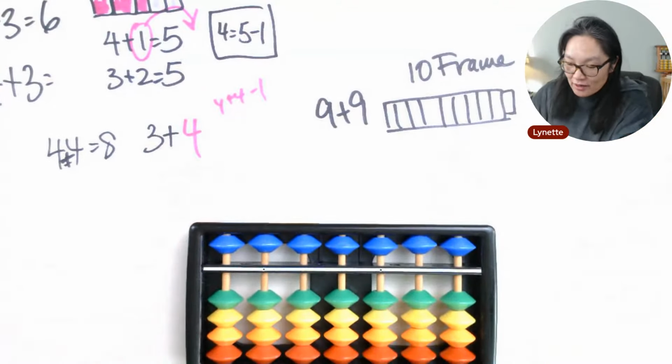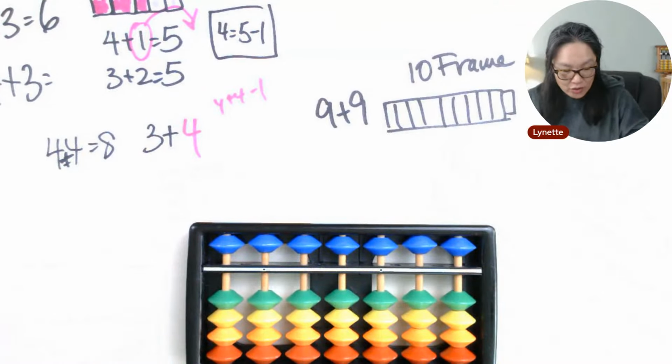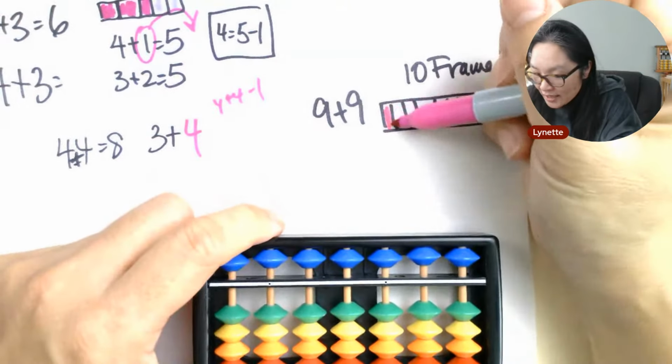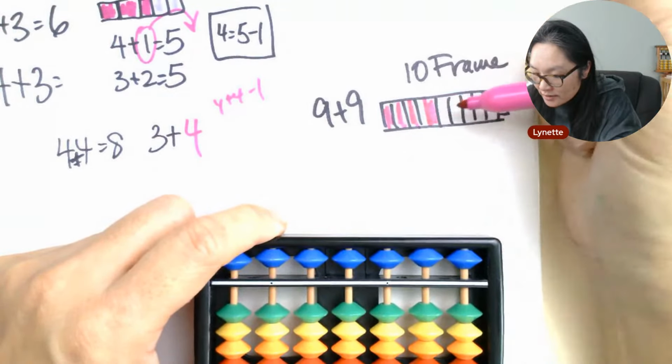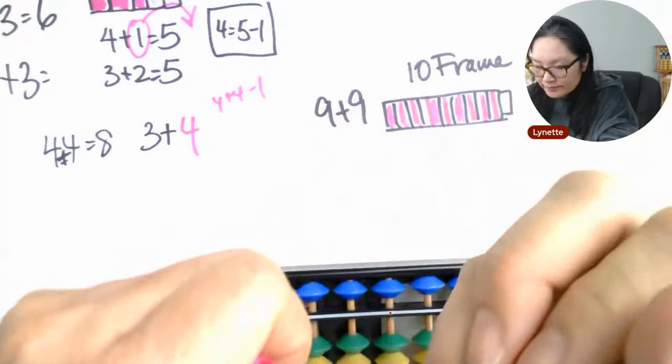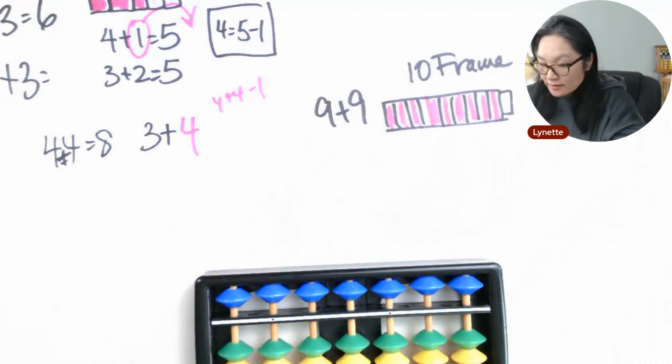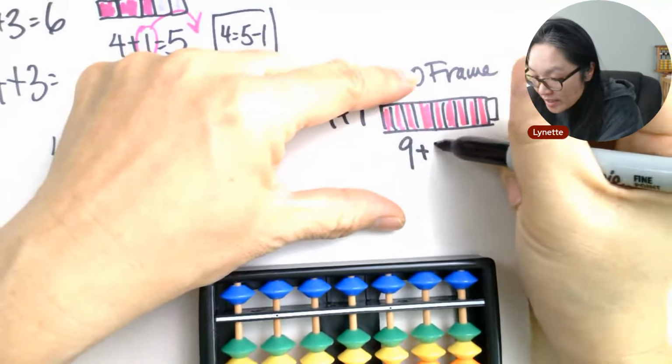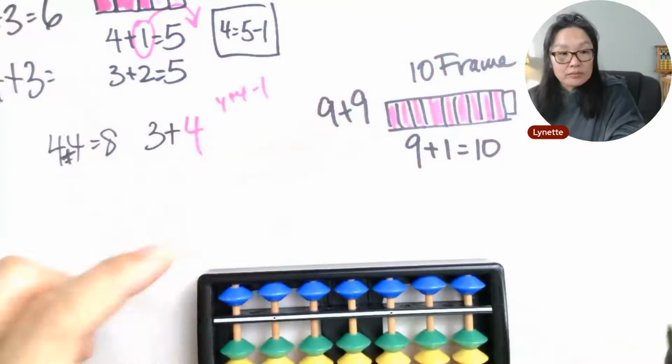Okay, so in the 10 frame, we know that 9 plus 1 is equal to 10, right? We know this. That's what is being taught in school. Not a problem.